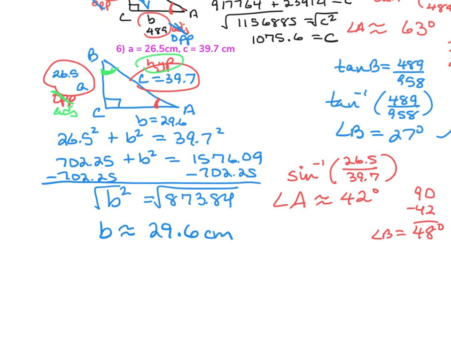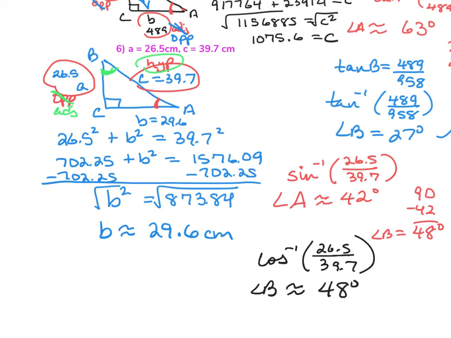So I'm going to be doing cosine -1 adjacent over hypotenuse. I'm going to hit enter, and angle B is rounded to 48 degrees.